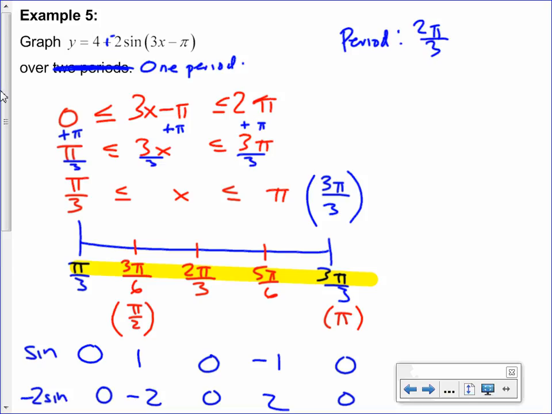The B is 3, so the period is 2 pi over 3. You can tell from your interval: the last one minus the first one. So 3 pi over 3 minus 1 pi over 3 is 2 pi over 3. That's the distance between numbers.